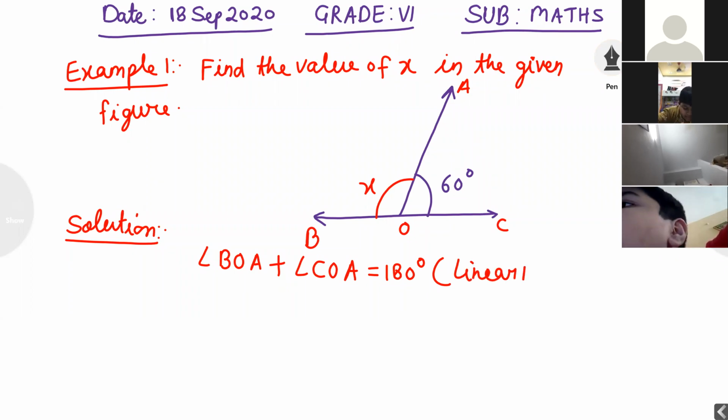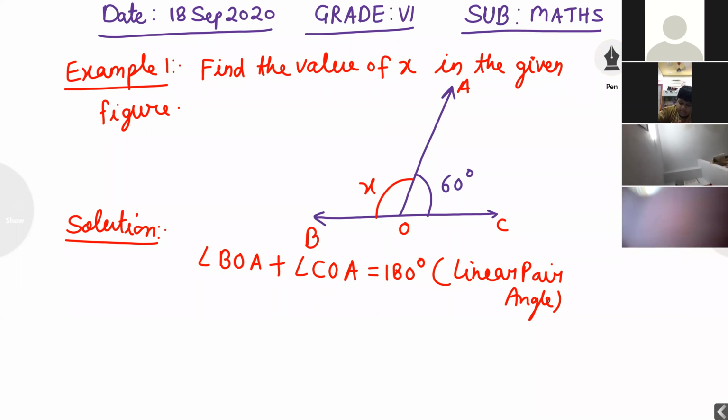Linear pair angle. One angle is adjacent to the another angle. I can say this also, angle AOB plus angle AOC, or I can take angle BOA plus angle COA is equal to 180 degrees.